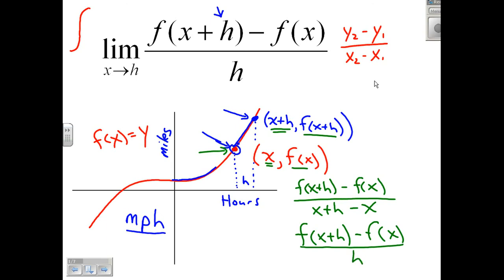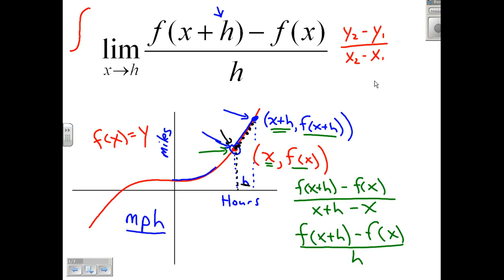So there it is, but what is going to give us a more and more accurate representation of what's going on right here is to just continue to pull this point closer and closer and closer. Ideally, it would be the same, which would make our value of h be 0.